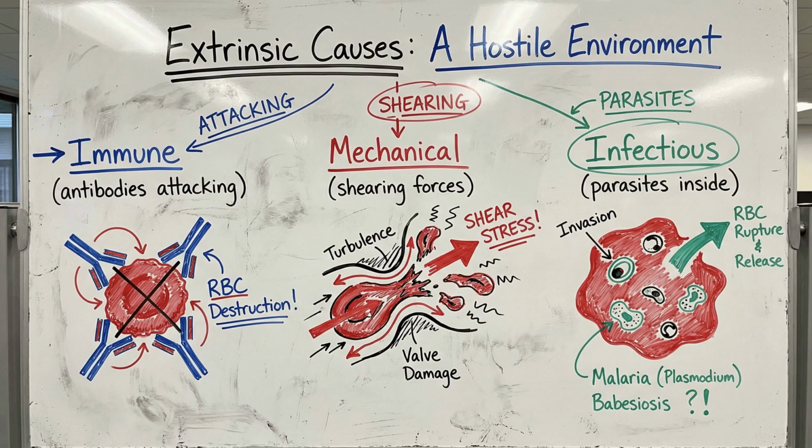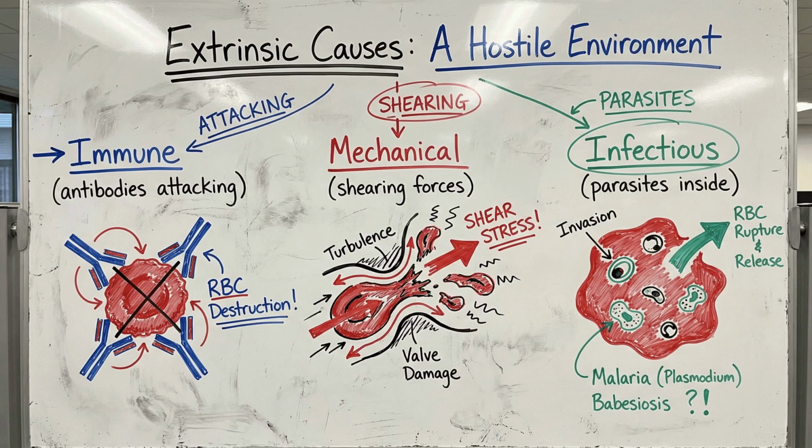Now, shifting gears from intrinsic problems, we look at extrinsic causes. Here, the red blood cell is perfectly healthy and functional, but it's operating in a hostile environment that's actively damaging or destroying it. These causes are typically acquired, not inherited. We'll explore three major categories. Immune-mediated destruction.